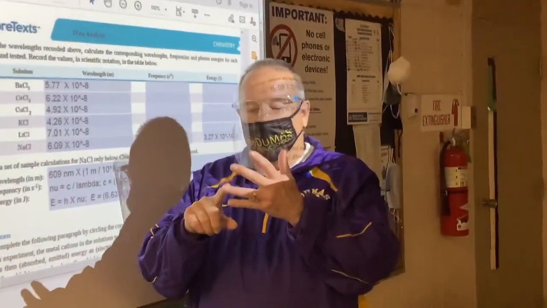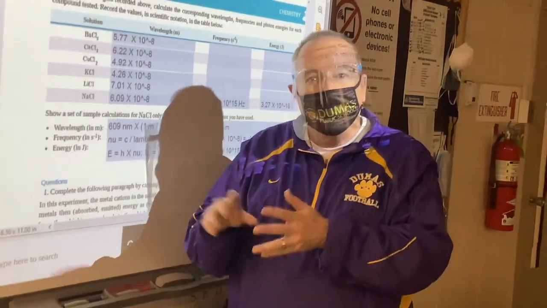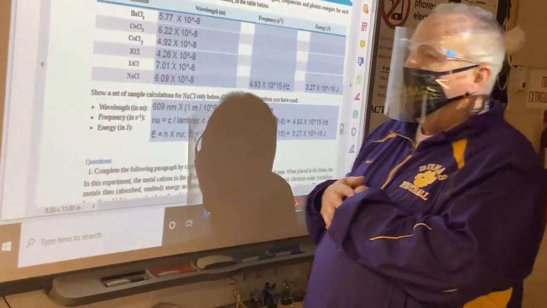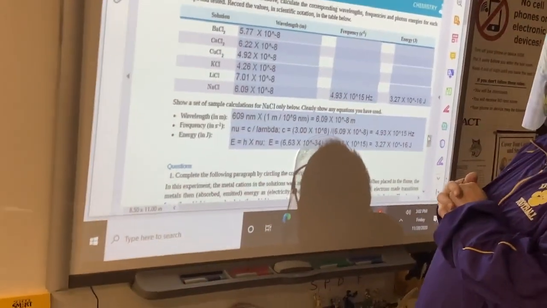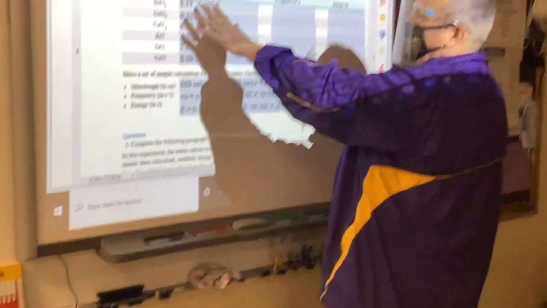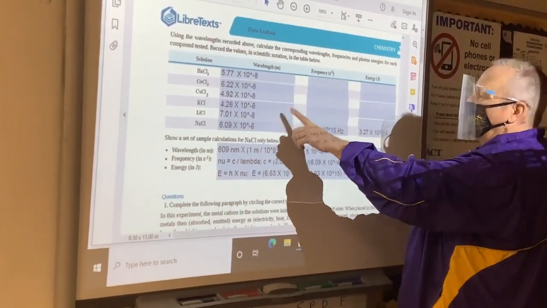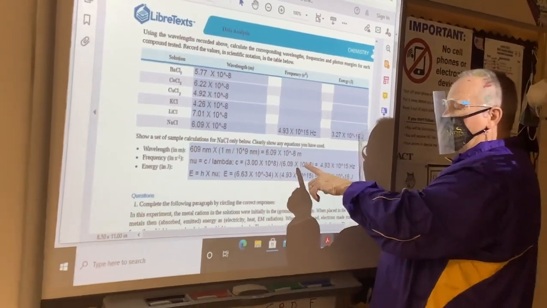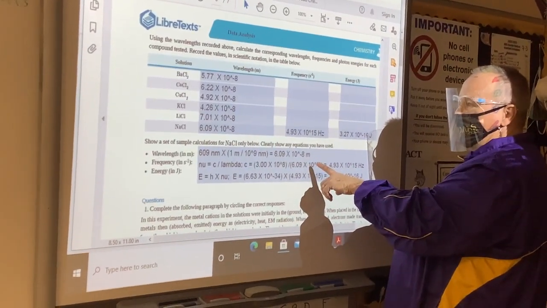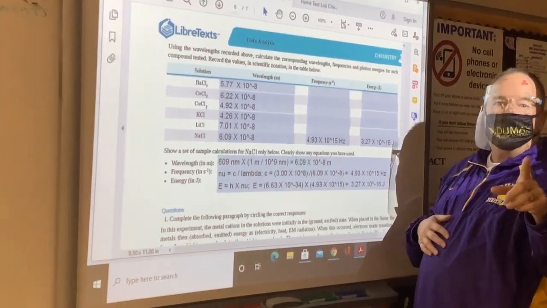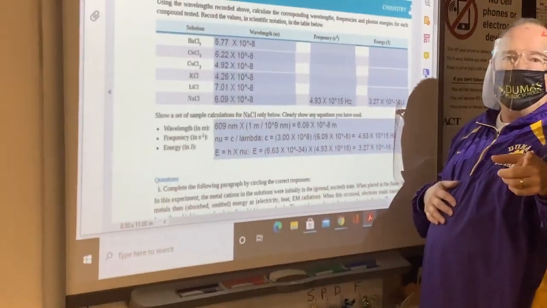Milli, micro, nano. So we want to convert those values to meters, and then we will use that to solve the frequency. Okay? Let's pause the tape and we'll continue on in the next one.